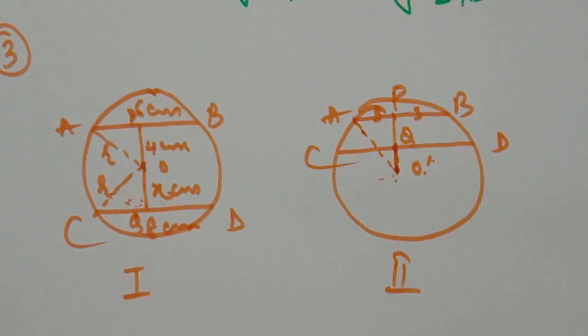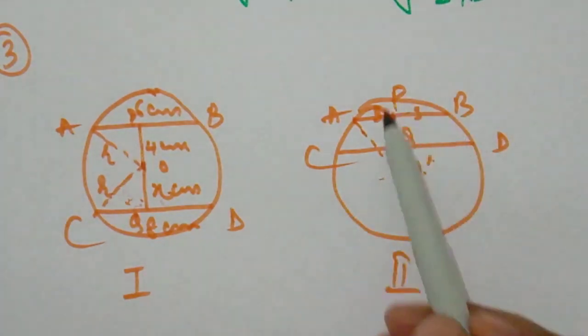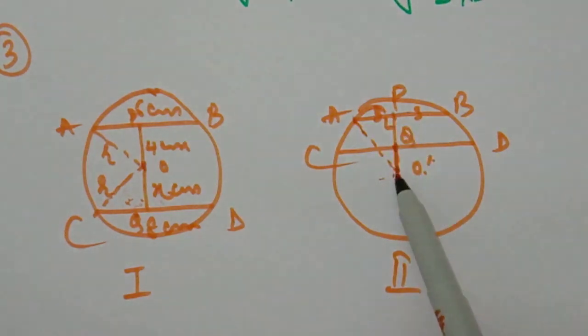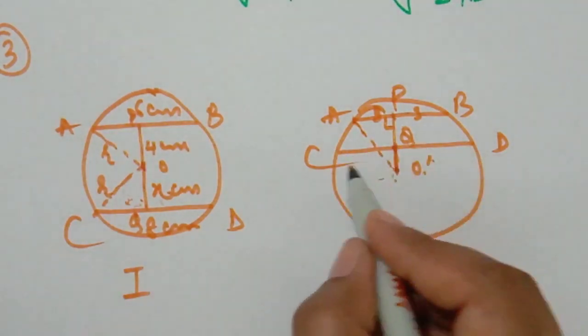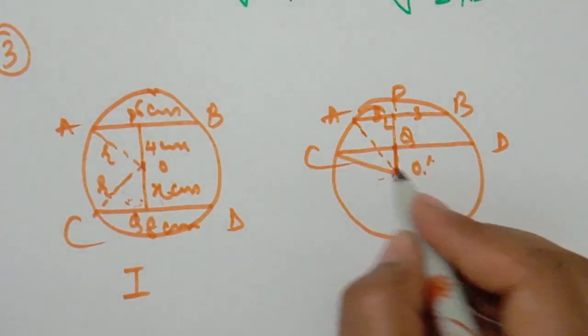We will find the radius from this right angle triangle, because we know the base as well as the perpendicular, so it is very easy to find the radius.